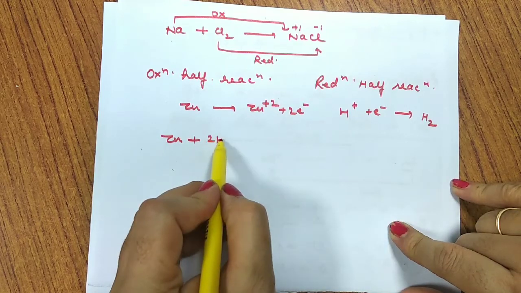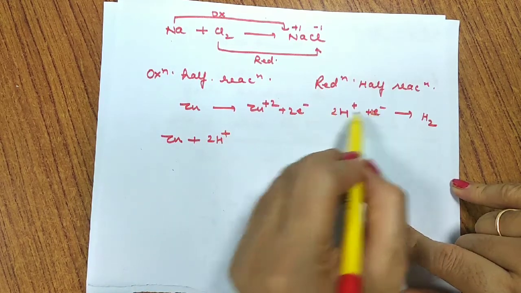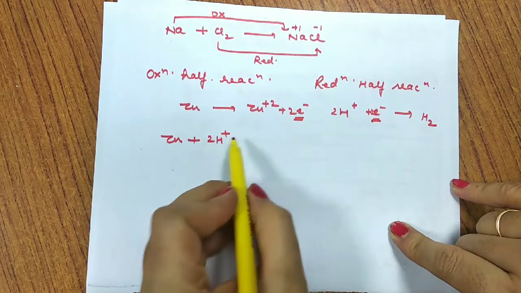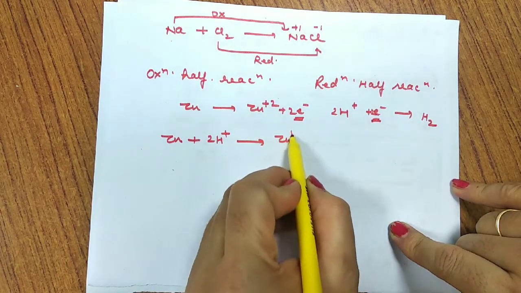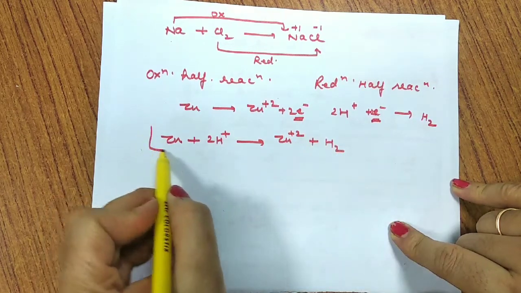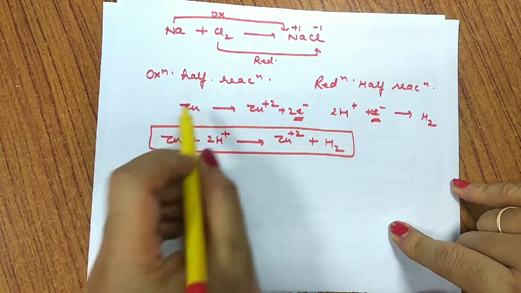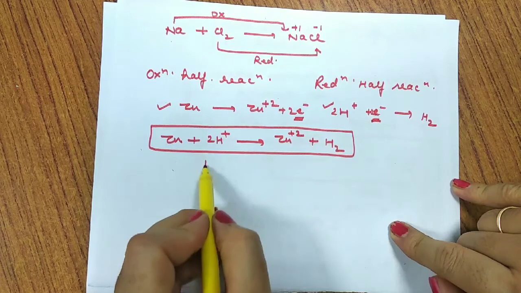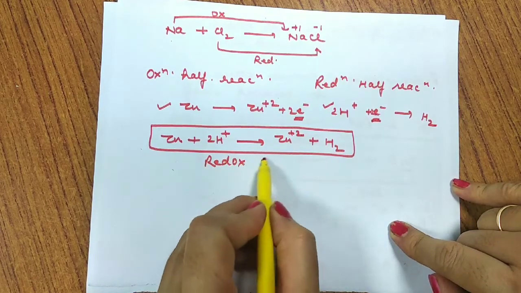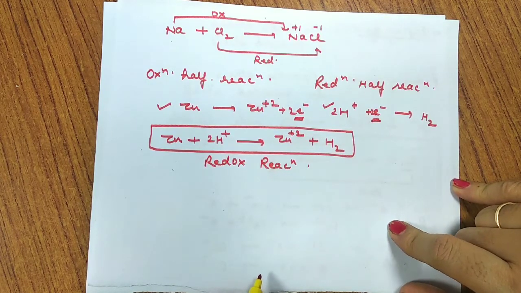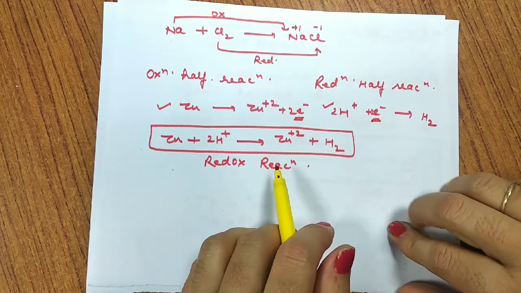To balance the reaction, I need 2 H plus because 2 electrons are involved, so there must be 2 electrons on this side also. And Zn 2 plus on the right side, these 2 electrons get cancelled, and H2. So this is a complete redox reaction formed of two half reactions, the oxidation half reaction and the reduction half reaction.